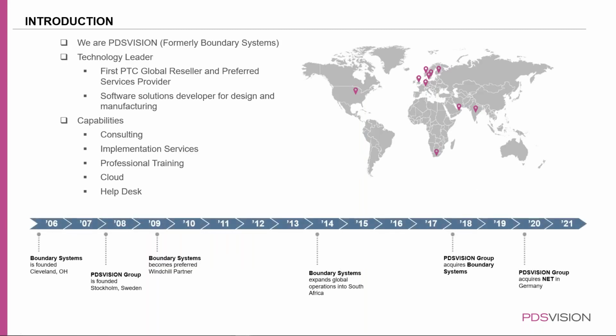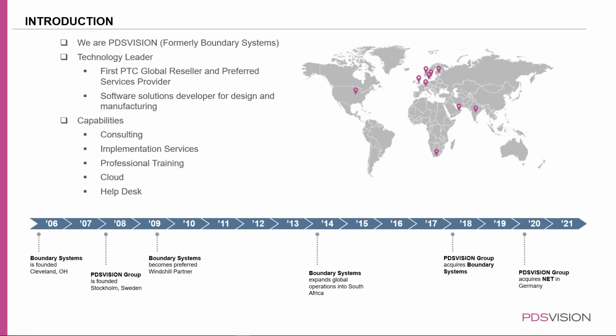PDS Vision, formerly Boundary Systems. As of the first of the year, we did formally change our name to PDS Vision US. We are a technology leader in what we do. We are the first PTC global reseller and service provider. Because of our merger with PDS Vision becoming one of their US-based companies, we gained their offices as well as them gaining our offices.